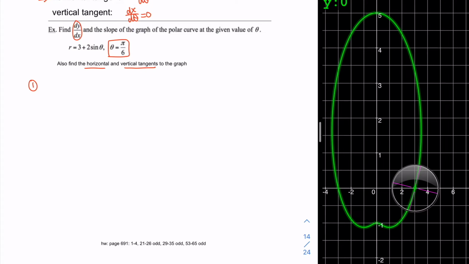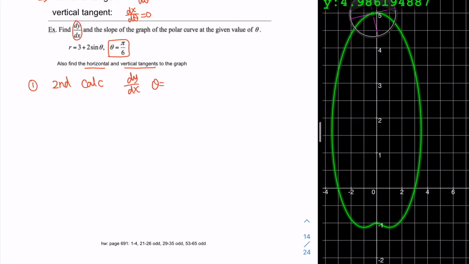If you use your calculator, you can use second calc to find the derivative dy over dx. You can directly find the derivative dy over dx at theta equals pi over 6, which gives us negative 8.66. And you can also solve it by hand. The slope equals dy over dx equals dy over d theta divided by dx over d theta.